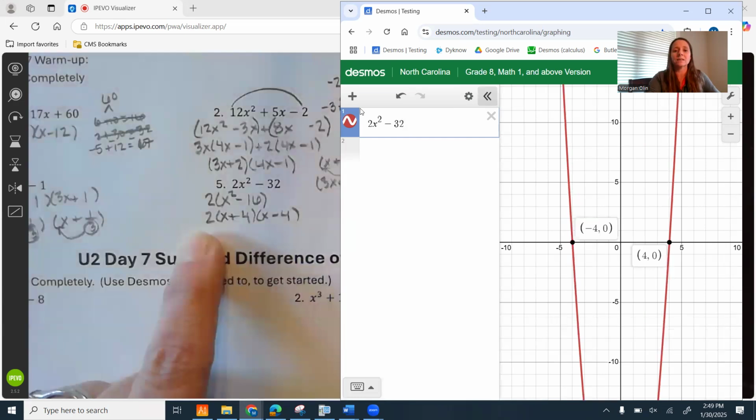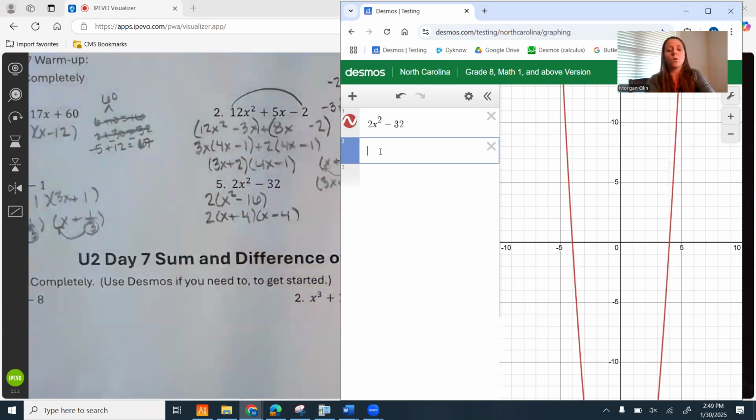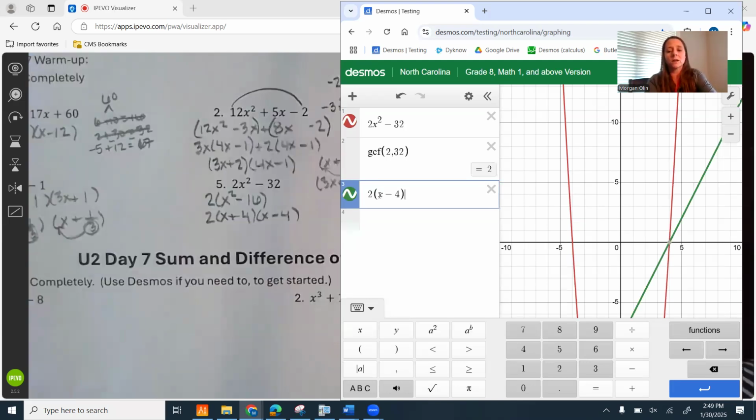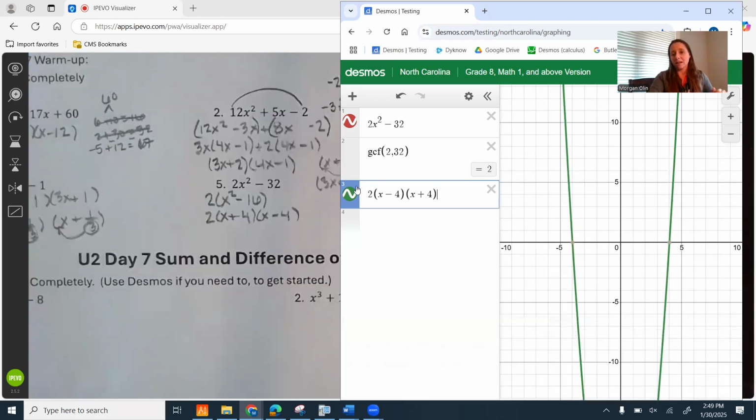You have to recognize a GCF of 2 comes out, or you can find the GCF of 2 and 32, and you can see that it's 2. You can also double check: if you put 2 times x minus 4 times x plus 4, is it the same graph? Here, if I pick off the green, I can see the red underneath, so I factored it correctly. If I take the 2 off, you'll see there are 2 different graphs, and it's not the same thing.